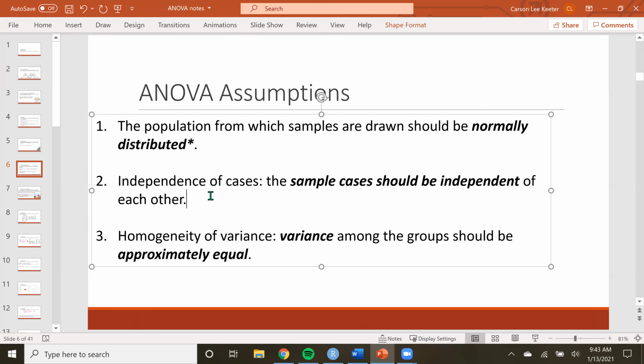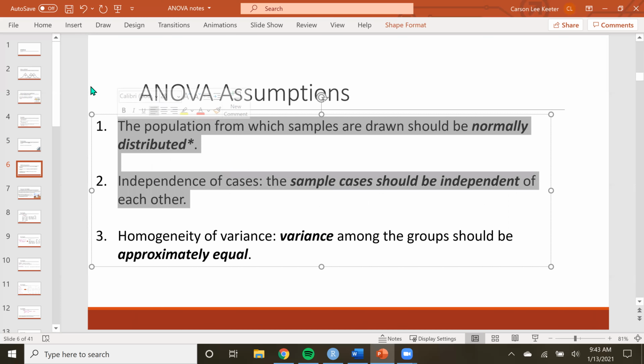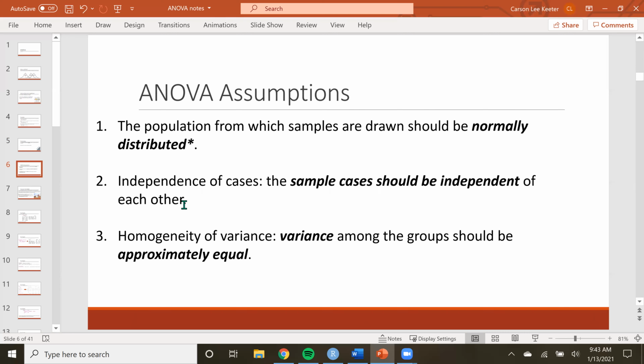To be totally honest, these two are always assumed; you don't need to explicitly check these every time. You do want to make sure that you have a large enough sample size though. In this class for homeworks and labs, you can assume that these two are fine.